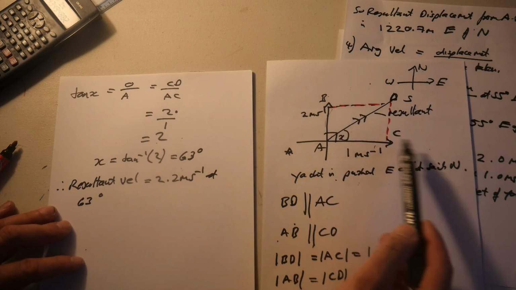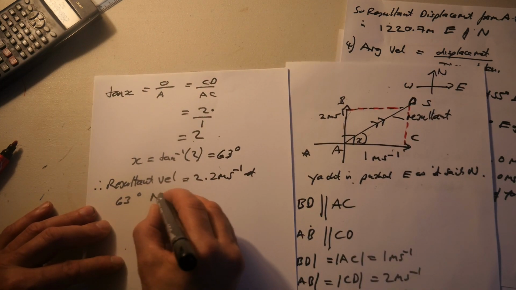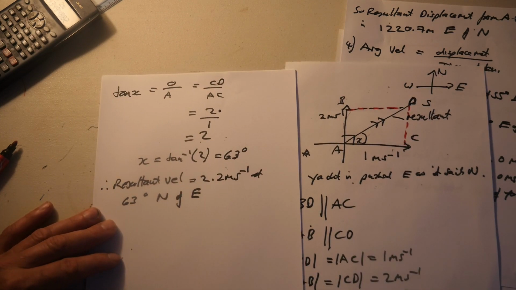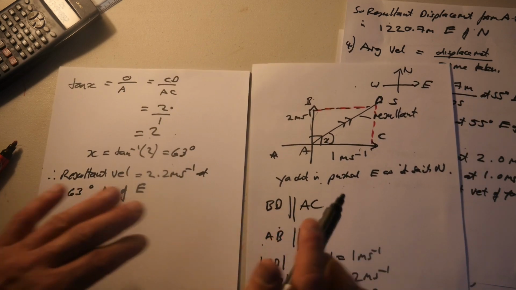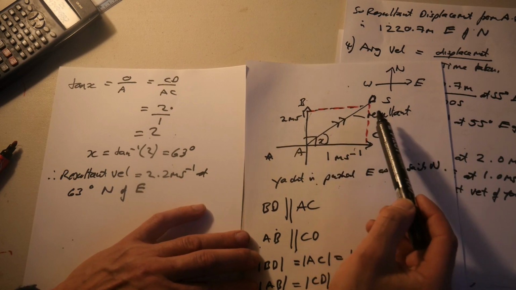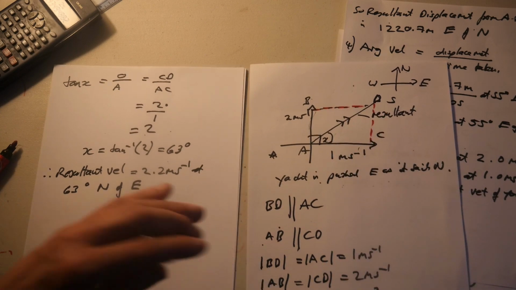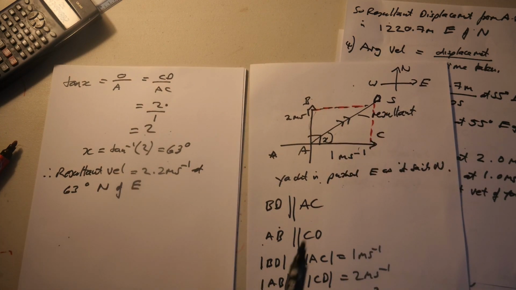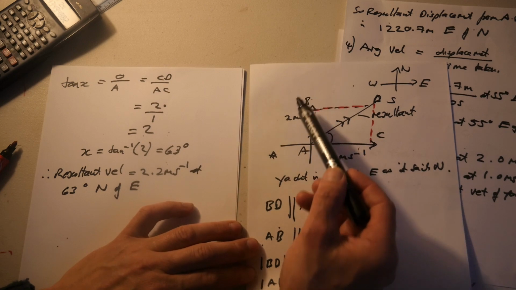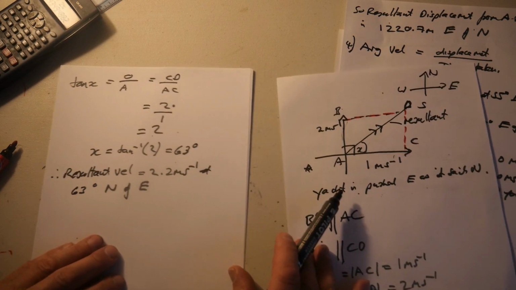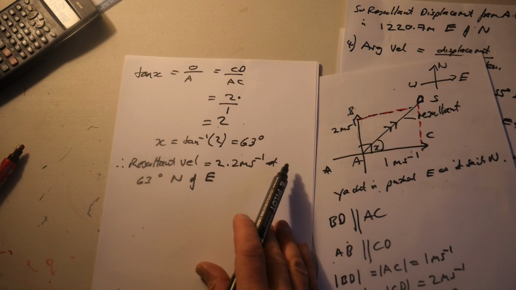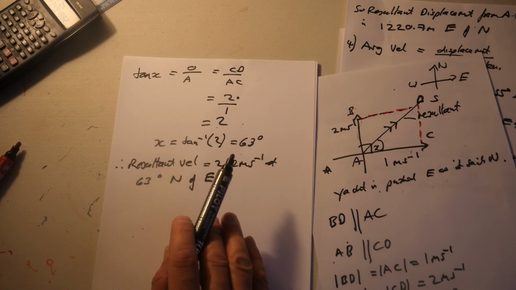North of east direction. Because we're travelling north and we're being pushed east, so it's north of east. East that way, so the north of east direction. Okay, so that's another example out of the way.